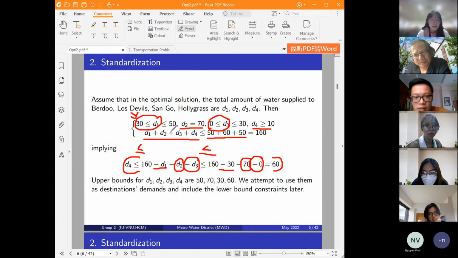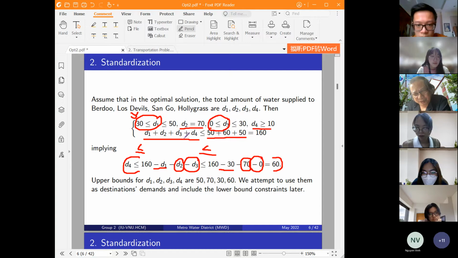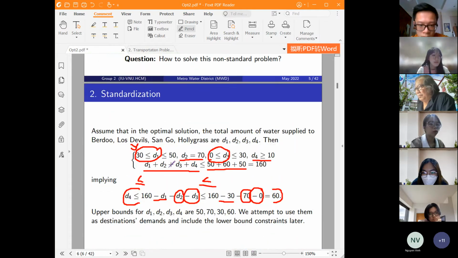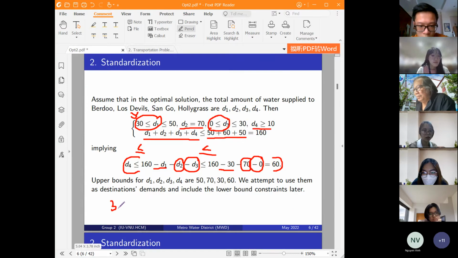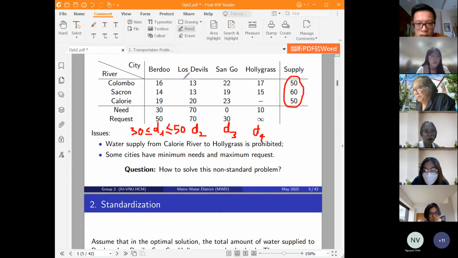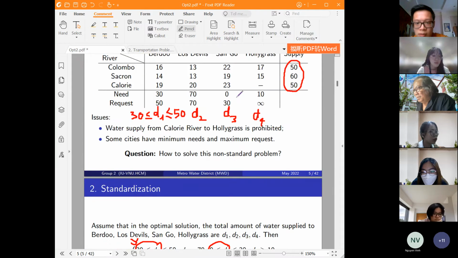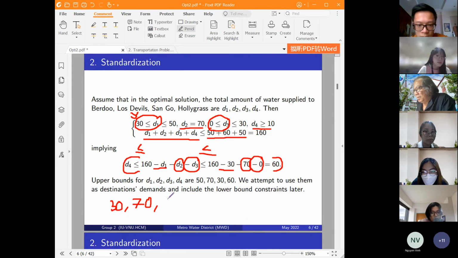Can I re-explain it in another way? Yes. So we know that we must supply Berdue at least 30, we have to supply Lost Devil at least 70, and of course we have to supply Sango at least 0.